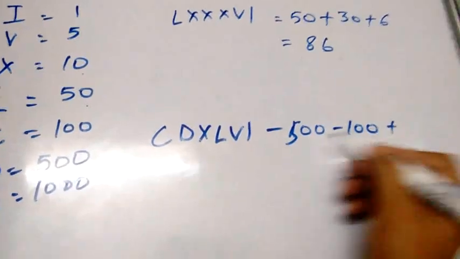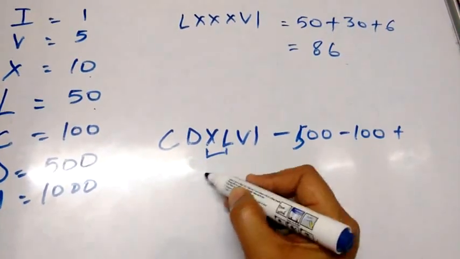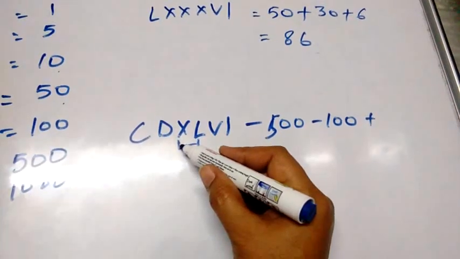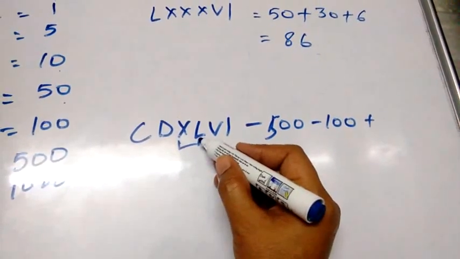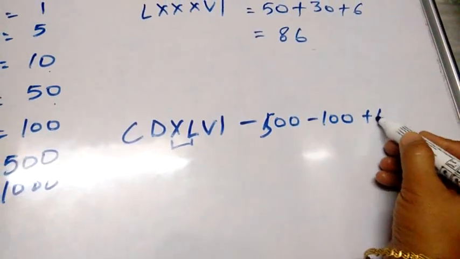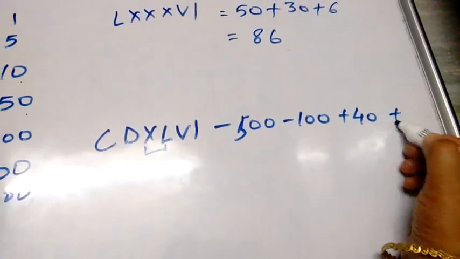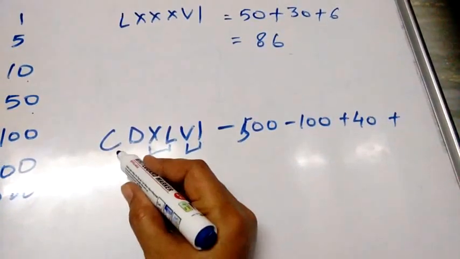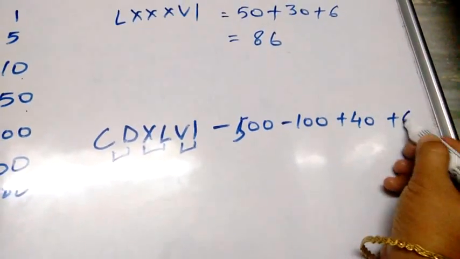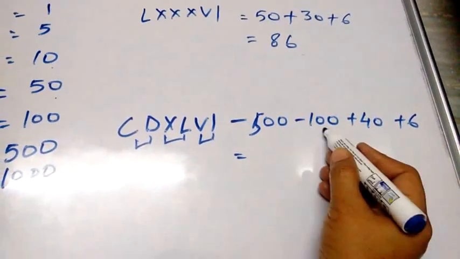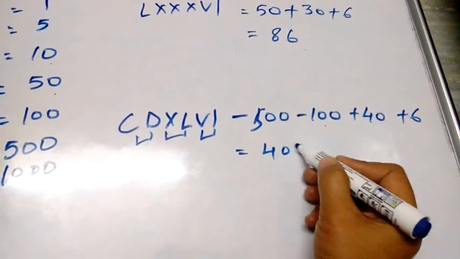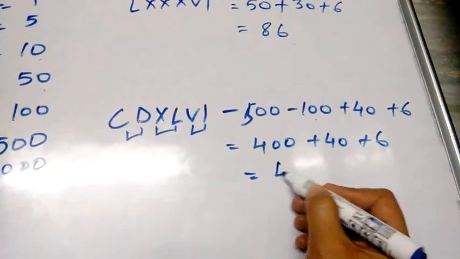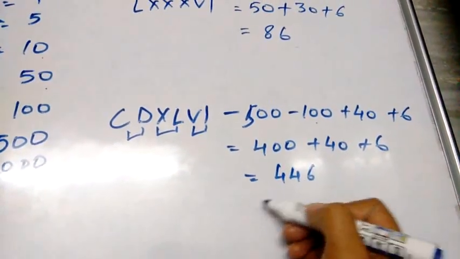Then plus XL, that means 40. L means 50, and when we are writing X here at left hand side, that means 50 minus 10 means 40, plus 6. This is for 6. So it is 6. Now 500 minus 100, 400. 400 plus 40 plus 6, that will be 446.